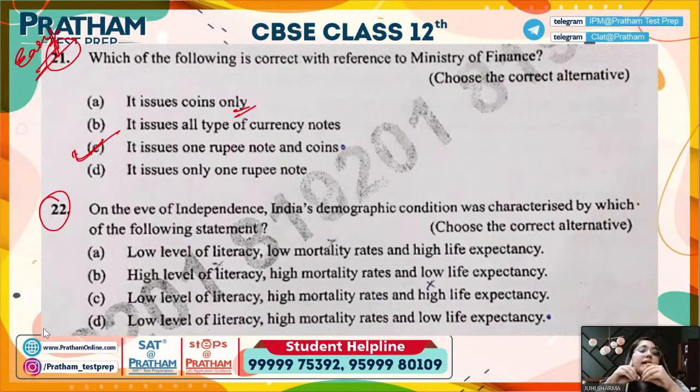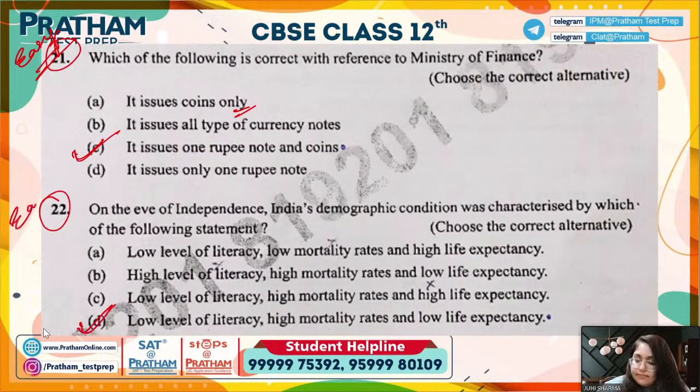So हमें पता है that on the eve of independence हमारा literacy level जो था वो बहुत कम था. हमारा जो death rate था, or we should say the mortality rate बहुत ज्यादा high था, एंड जो लाइफ एक्सपेक्टेंसी थी वो बहुत ज्यादा कम थी. सो ये देख लीजिए ये तीनों चीजें कहाँ कहाँ आ रही हैं. Low level of literacy, high mortality rate, and low life expectancy. So that is in option D, which is the right option.